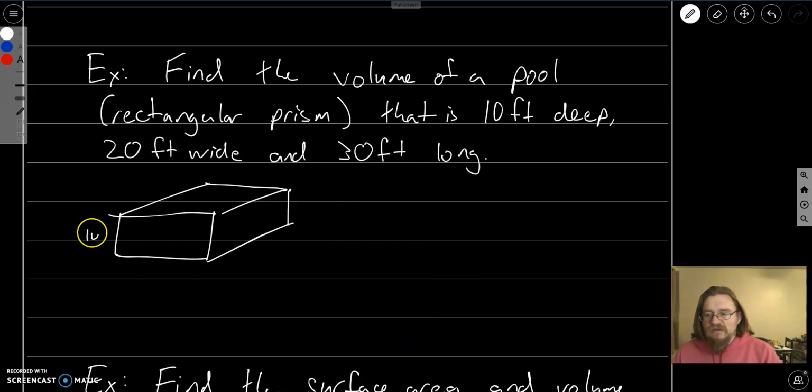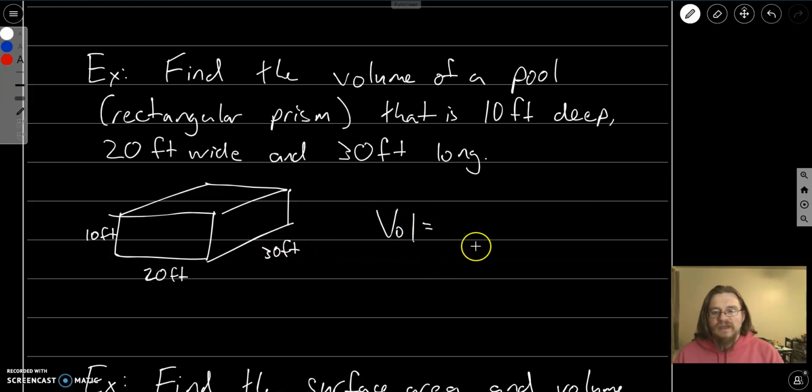This is going to be 10 feet deep, 20 feet wide, and 30 feet long. And the formula for the volume is going to be the height times the width times the depth.